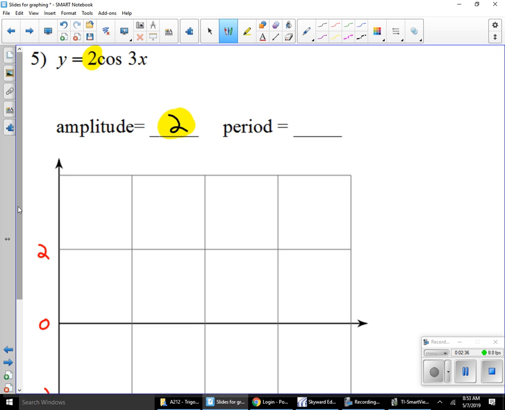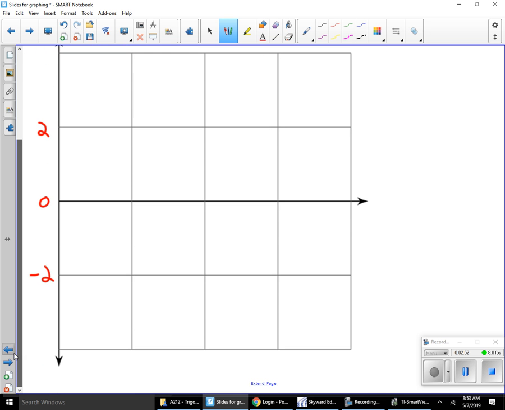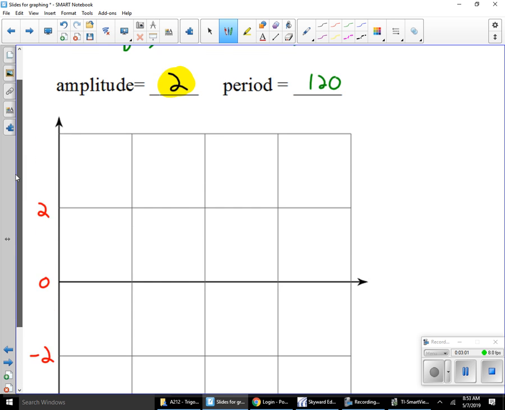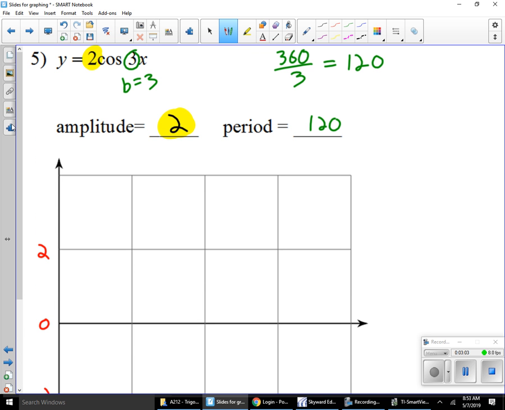Getting the period takes a little bit more work. B is 3, so the period is going to be 360 divided by 3, which is 120. So what that's telling us is that between 0 and 120 degrees, this cosine graph is going to make a complete cycle.